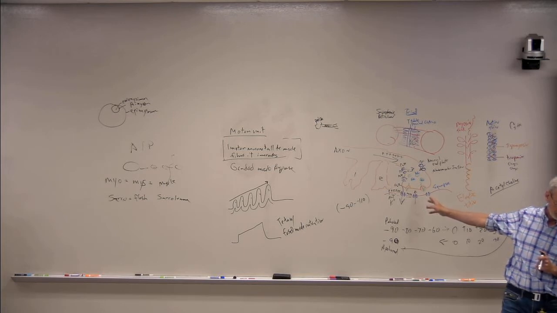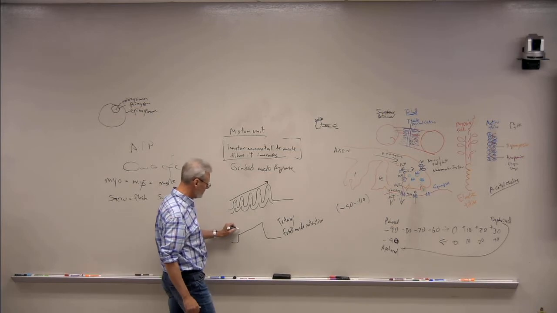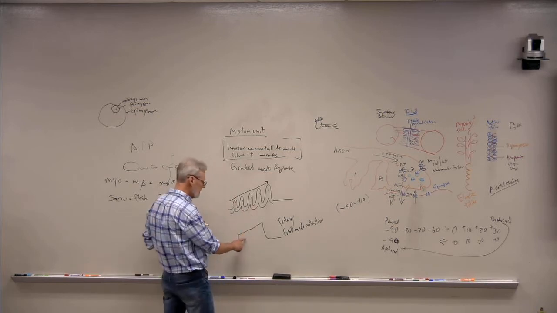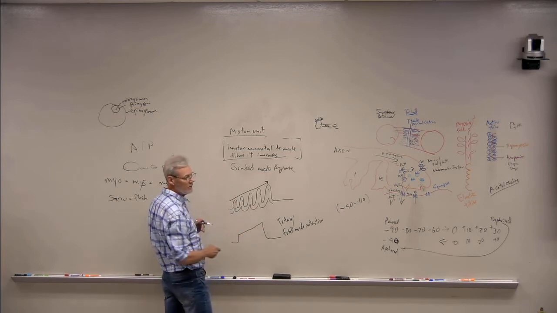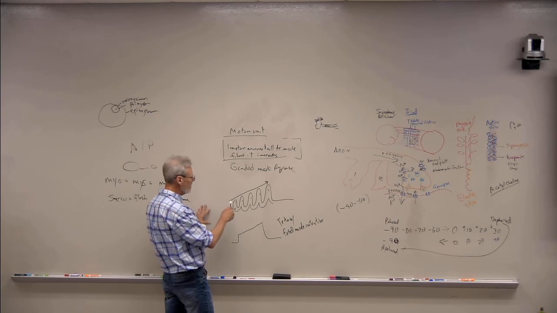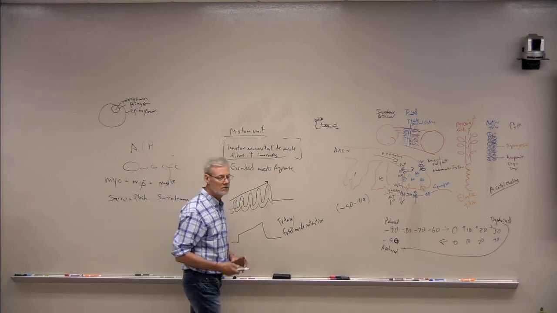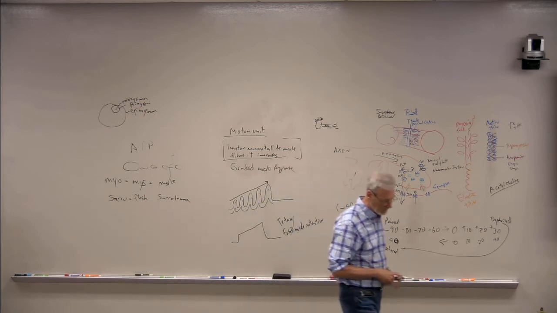Oh, by the way, people on drugs, the same thing. But anyway, this is called tetany, or fused contraction. And again, I use the example of tetanus, lockjaw. Where all these are fused together, you get one long, continuous, tremendous contraction.